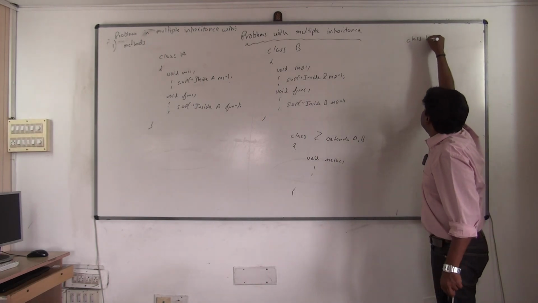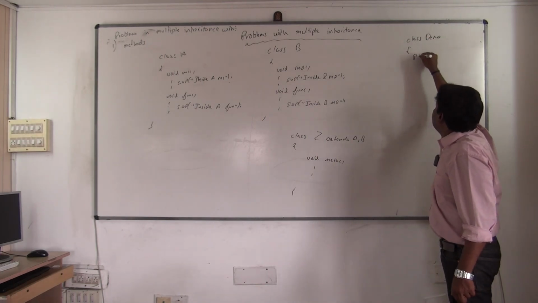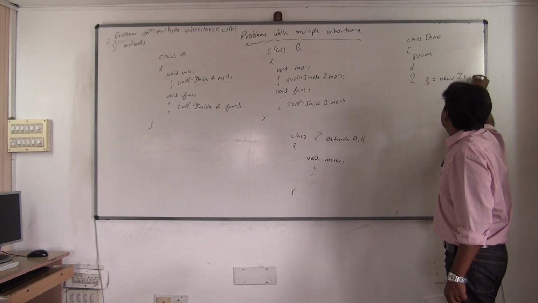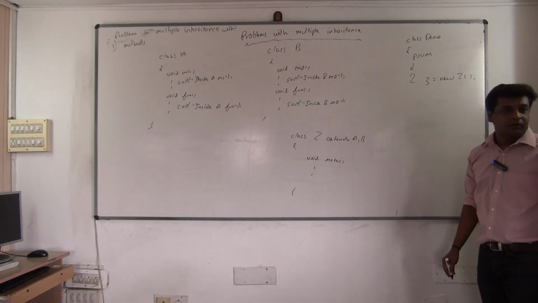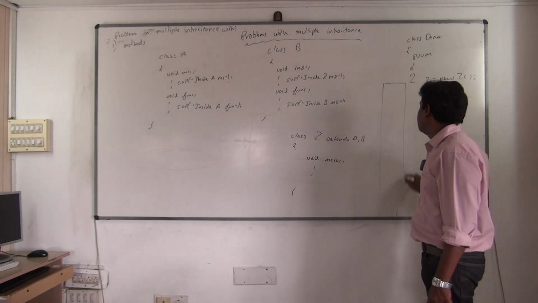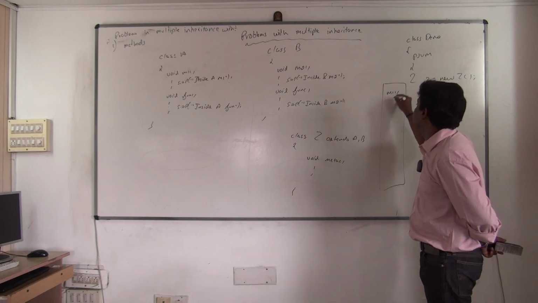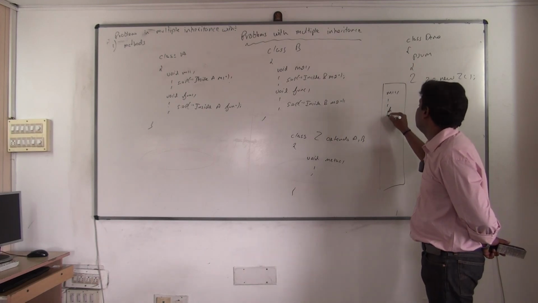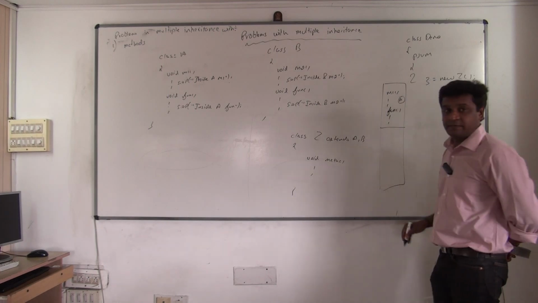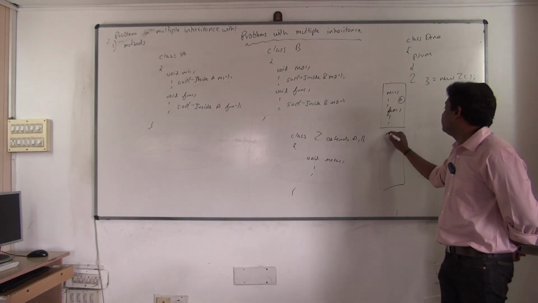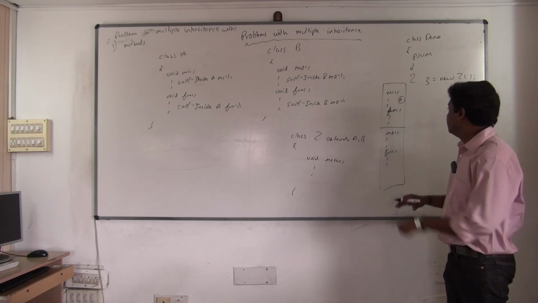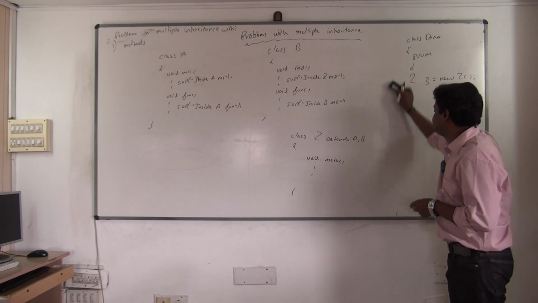So I'll write class demo, and I'll create the object of Z: Z z = new Z. I've created the object. Once I create the object of Z, what are the members of Z now? M1 and fun from class A. M2 and fun from class B. But remember, they are in the same hierarchy.